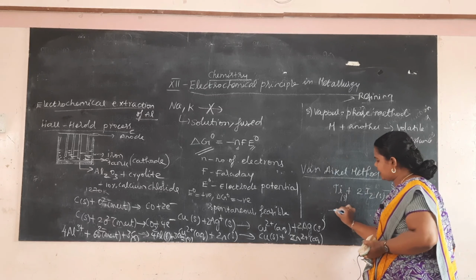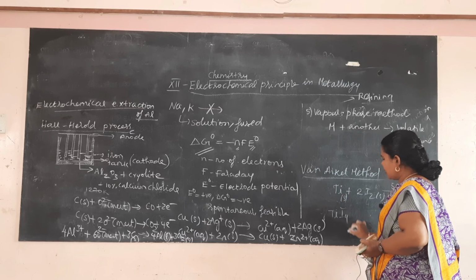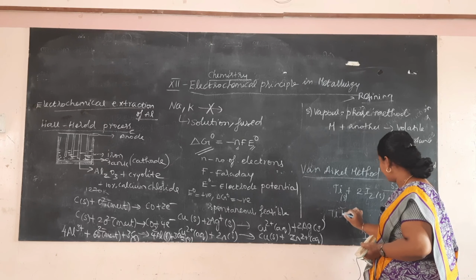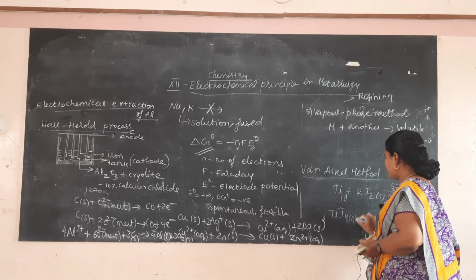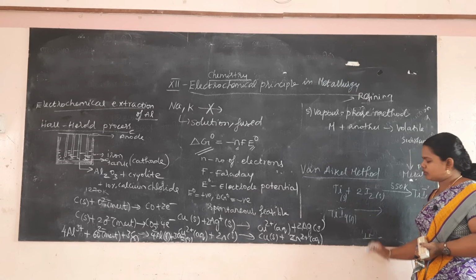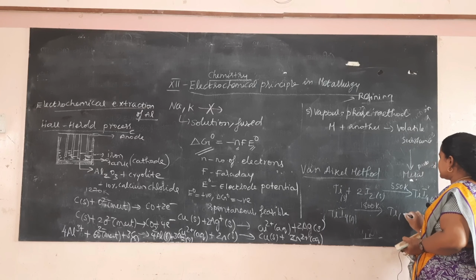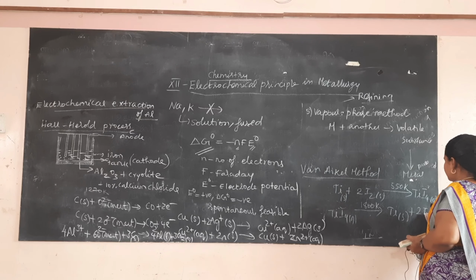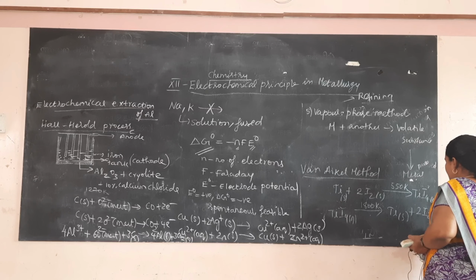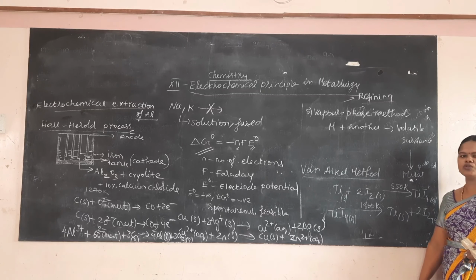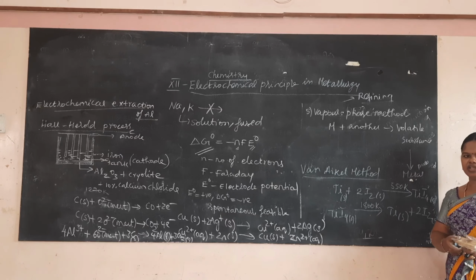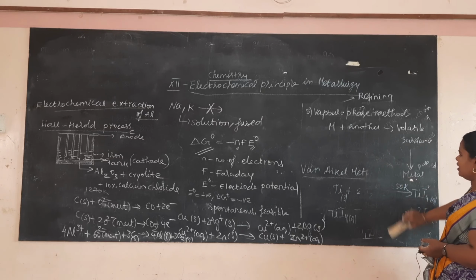Then this titanium tetraiodide is passed over a tungsten filament at 1800 Kelvin. It forms titanium plus iodine, and this iodine can be reused at the end of the reaction. This is known as the Van Arkel method.